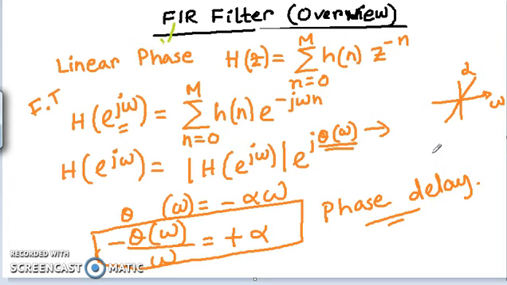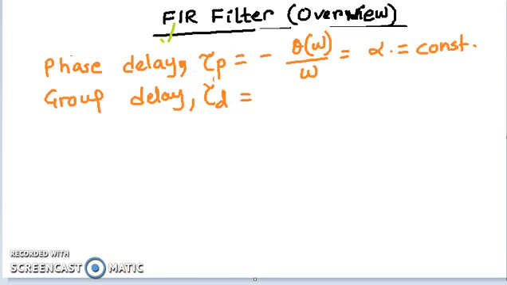Now we should know another definition, that is called group delay. After that we can understand what is linear phase. Now if we want to get the group delay, we have to take the derivative of the phase response. So what we are getting here is the negative of d theta(omega) upon d omega.